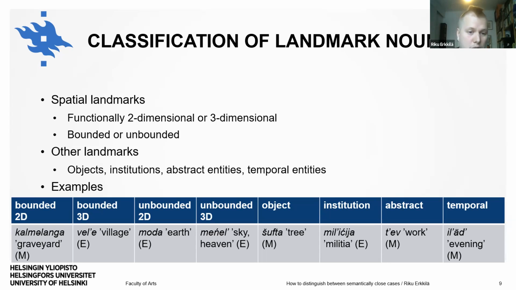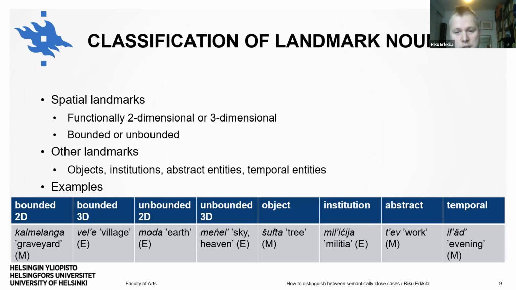And then unbounded are earth and sky, because earth is of course somehow bounded, but it's functionally unbounded, because when humans interact with earth, they usually don't interact with the whole of the planet earth at once, but only a part of it that is not bounded in a meaningful way.